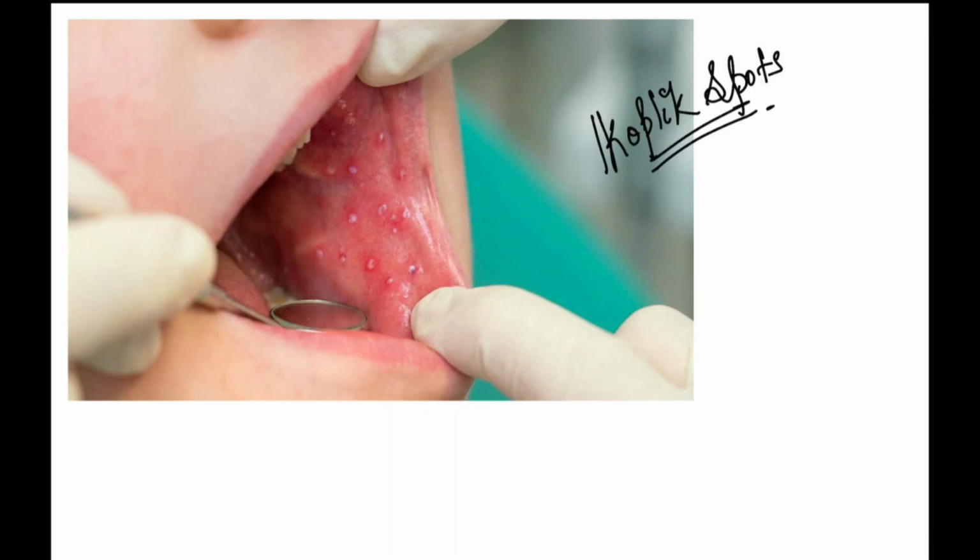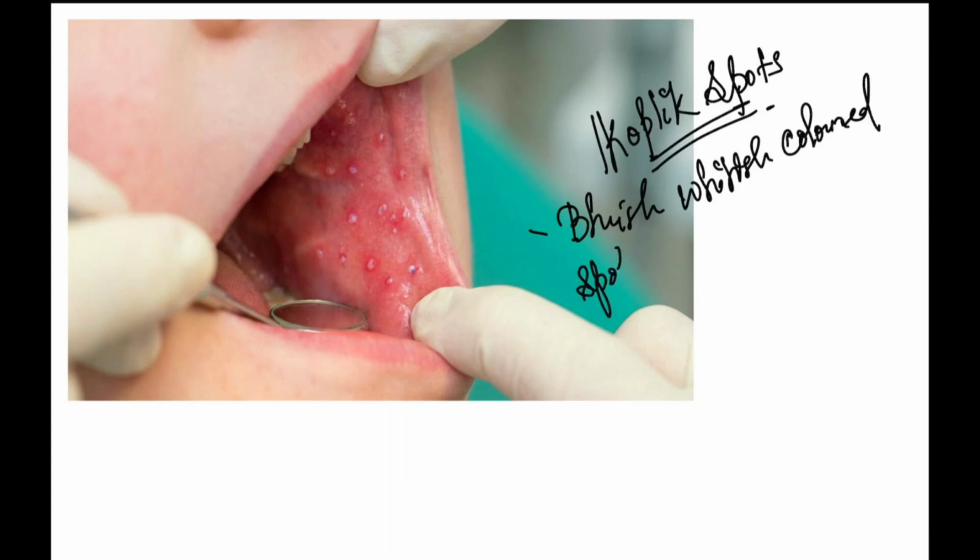What are Koplik spots? These are bluish and whitish spots, a slightly purplish and whitish color along with some blue spots, present in the buccal mucosa as you can see in the image. They are clearly visible in the buccal mucosa, and these are called Koplik spots.